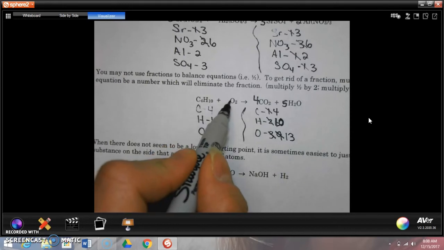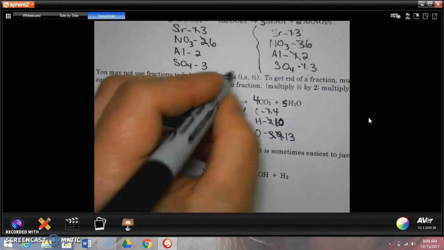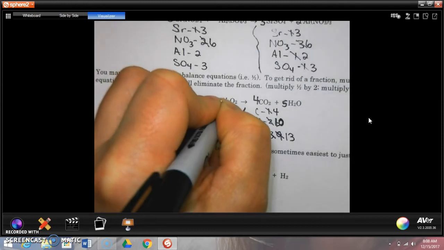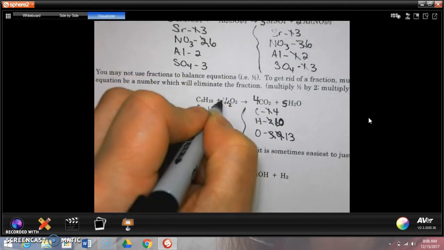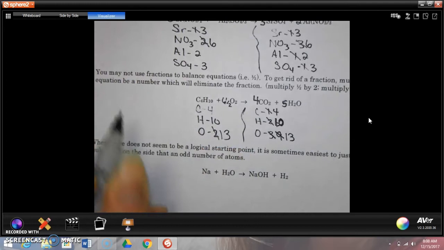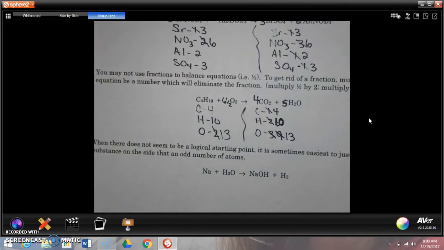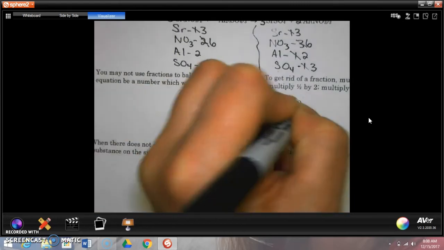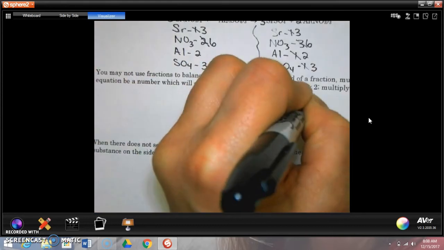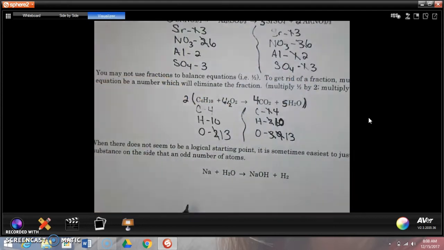In order to get 13 oxygens on this side, I would need to put a 6.5 there, because that would give me 13. But you usually don't see a half in a balanced equation. So we're going to take this whole reaction and multiply it by 2, because then that'll get rid of the half.